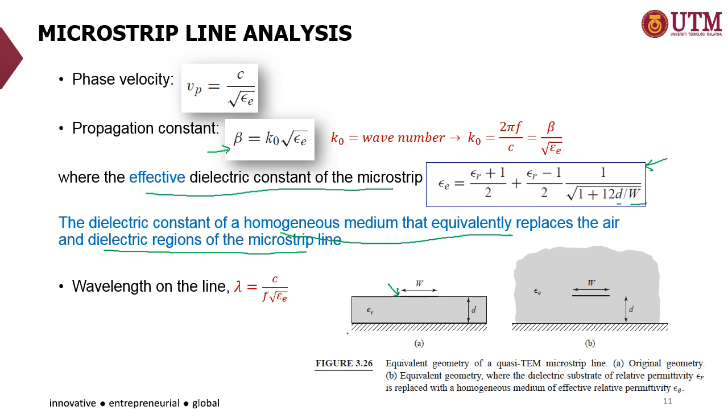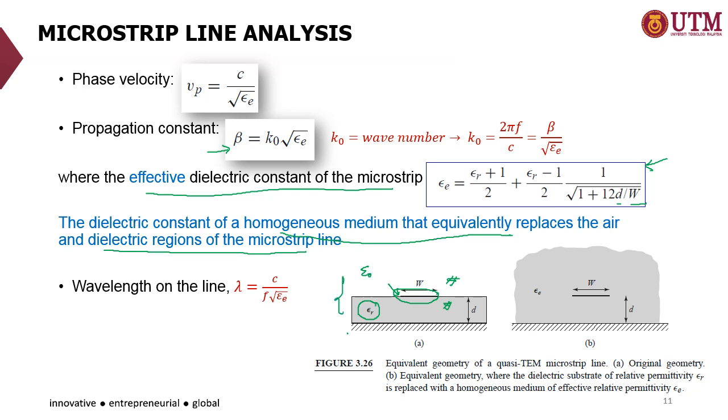Since this strip line is exposed to two different media, the air and the dielectric material, you have relative permittivity for the substrate, and epsilon naught for the air.